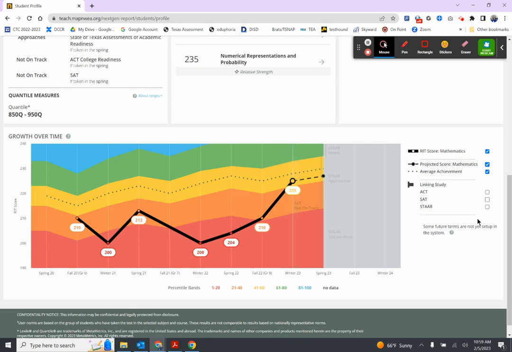We can click on the star score and see where those star scores fall in this chart. Now from 204 to 210 might not seem like much, but it is growth. The student is increasing their understanding. The student is moving forward.